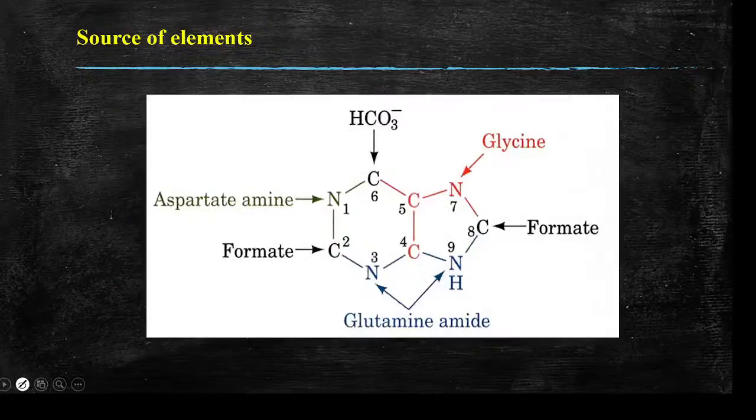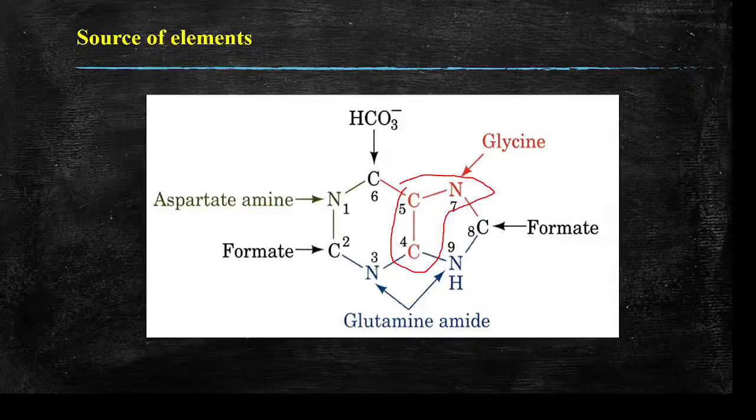So the sources of elements in de novo synthesis, the different sources for the elements of the purine nucleus: glycine is going to contribute 2 carbons, that is C5, C4, and 1 nitrogen, and glutamine is going to contribute 2 nitrogens, that is N3 and N9.